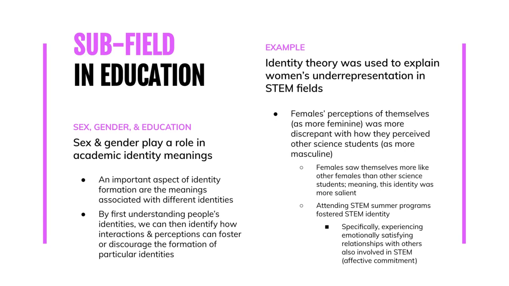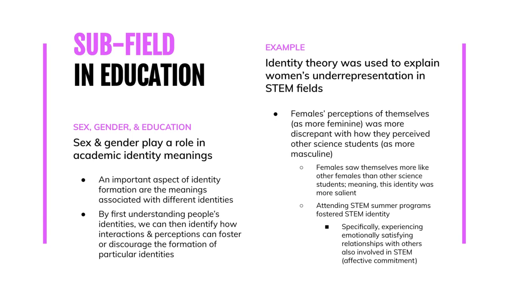They touch on dimensions of gender, and they also focus on sex as a variable here. They found that females often perceive themselves as more feminine, which was more discrepant with how they perceived other science students.